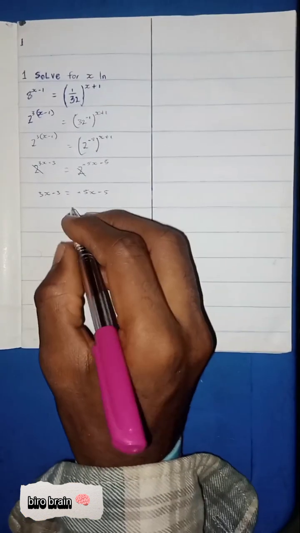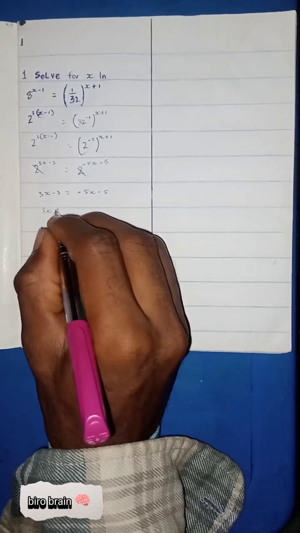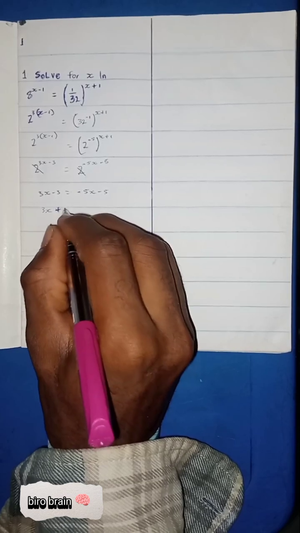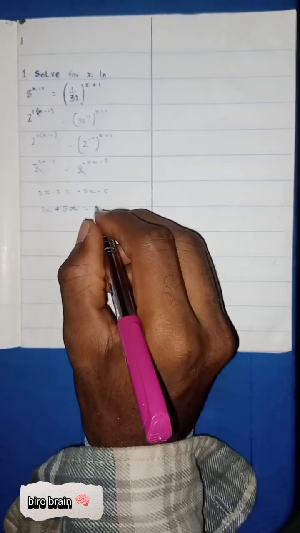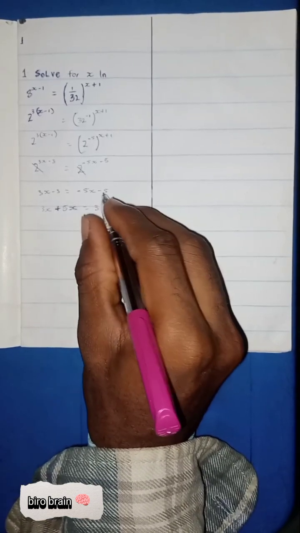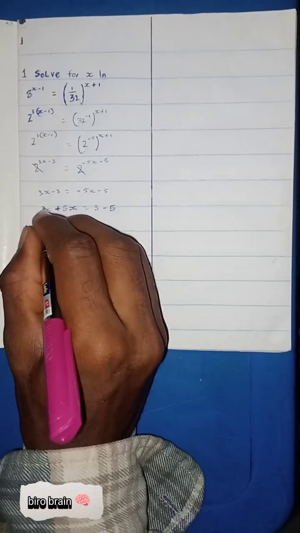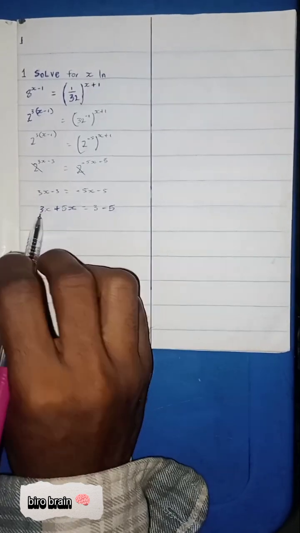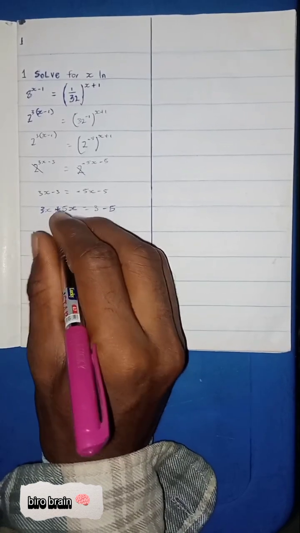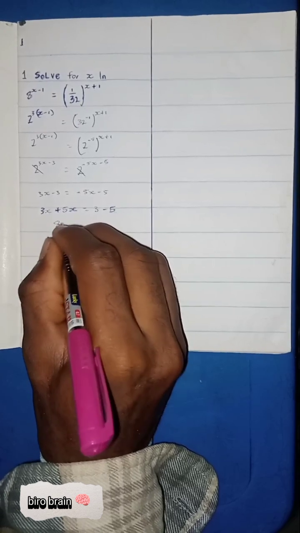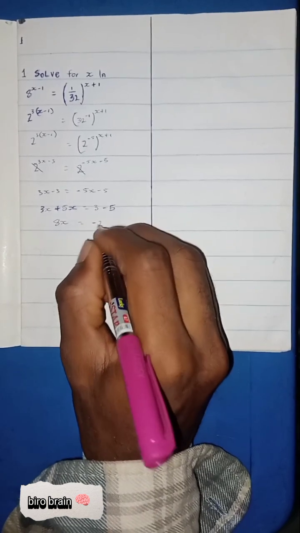If we collect like terms, we'll be having 3x, this one comes over to this part, plus 3x plus 5x is equals to 3 minus this 5. Then 5 plus 3, that's 8x. 3 minus 5, that's minus 2.